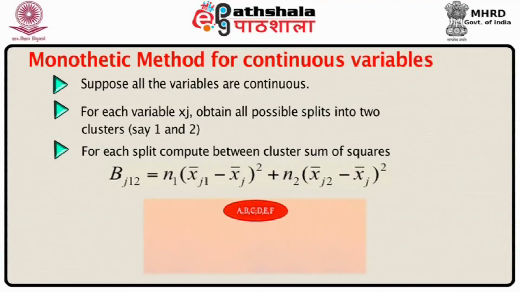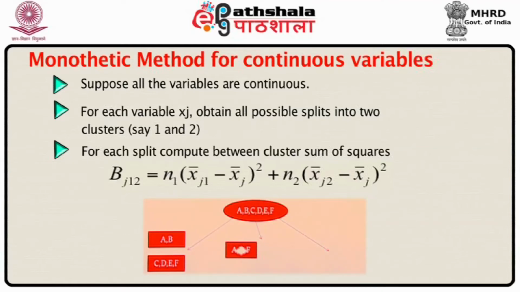And what we do here is that, if you look at this diagram, suppose we want to segregate A, B, C, D, E, F into two clusters. We can do this in several ways. I'll just illustrate three of the ways here. So these three possible illustrations would be that I can segregate them as AB in one cluster and CDEF in another cluster.